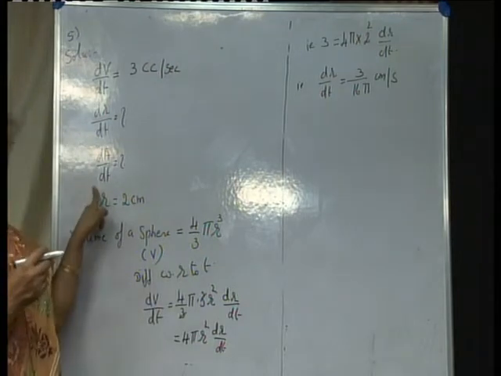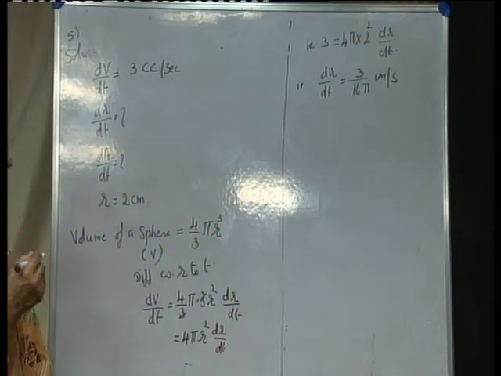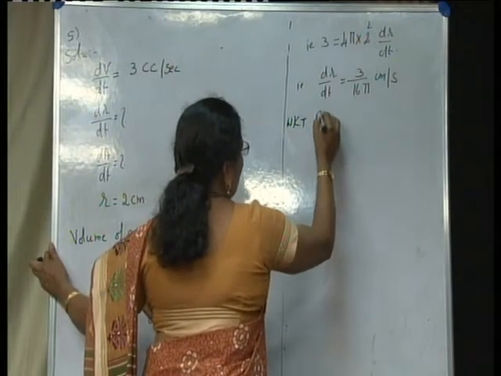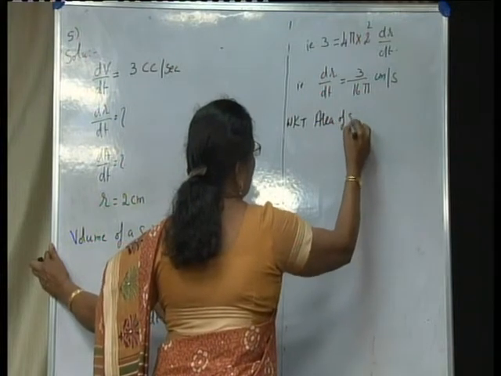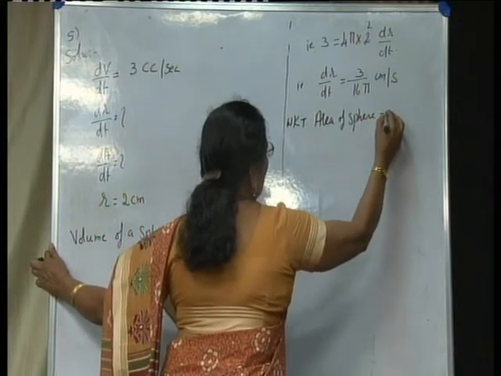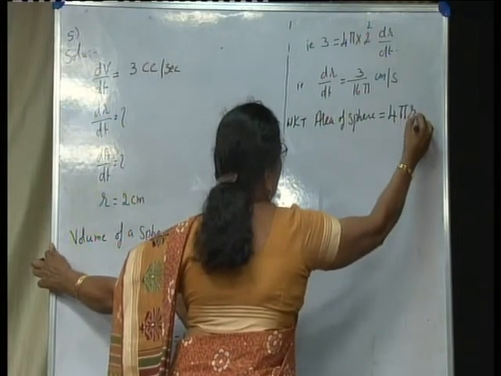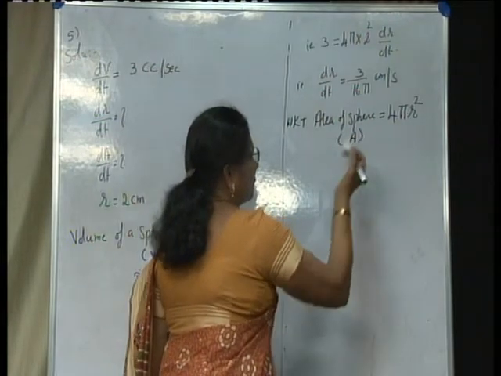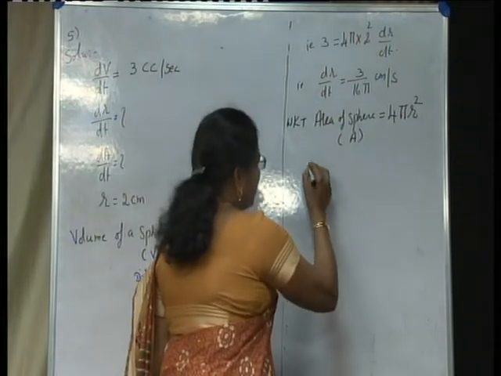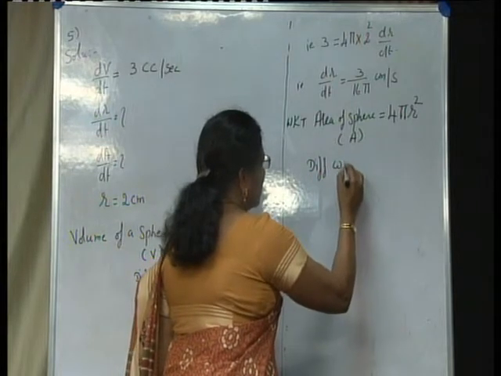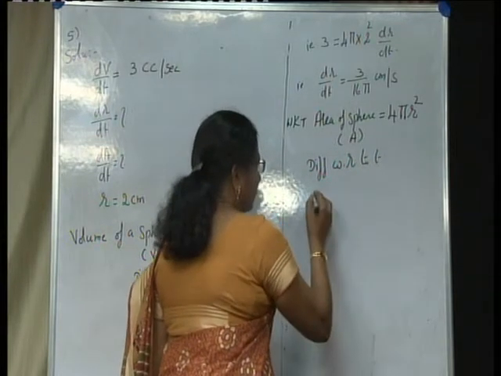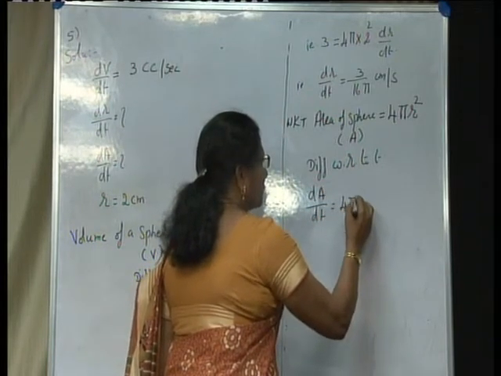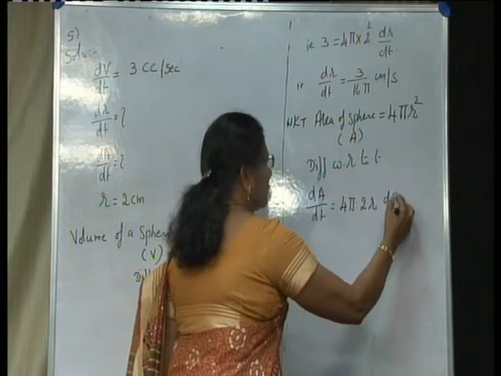Now we have to find at what rate the area increases. We know that the area of a sphere is equal to 4 pi r square. This is the formula. A, differentiate with respect to t, dA by dt is 4 pi into 2r dr by dt.